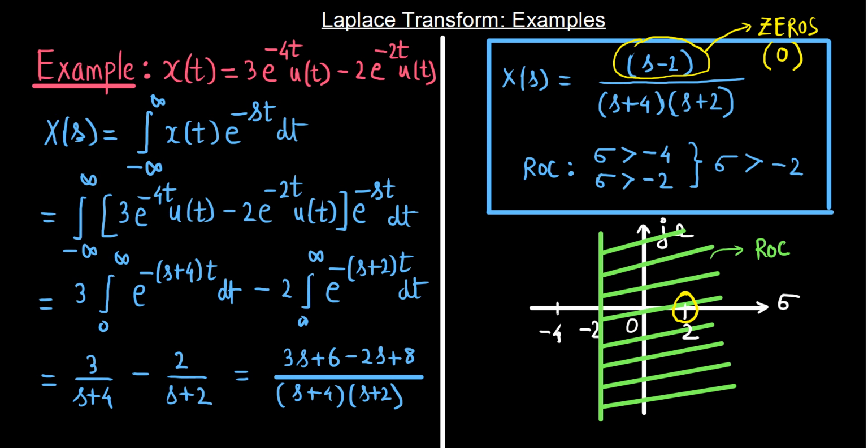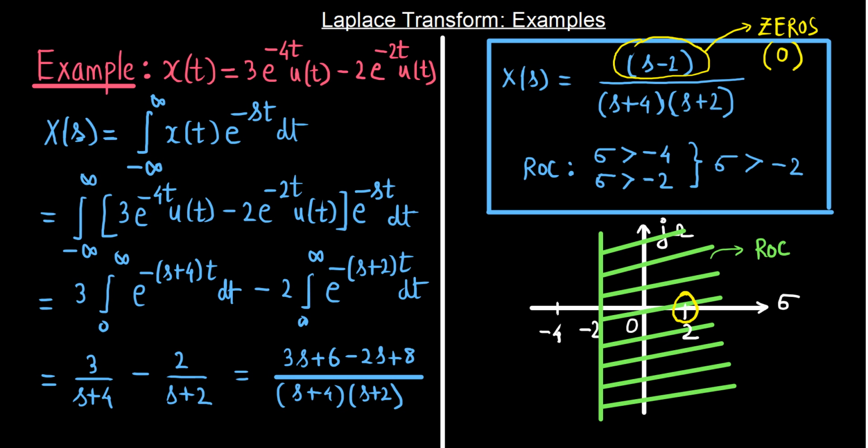Similarly, if we try to find the roots of the denominator polynomial, the roots of the denominator polynomial are called poles. For example, the roots of this denominator are going to be s equals -4 and s equals -2, because when s plus 4 is equated to 0, it gives s equals -4, and when s plus 2 is equated to 0, it will give s equals -2.